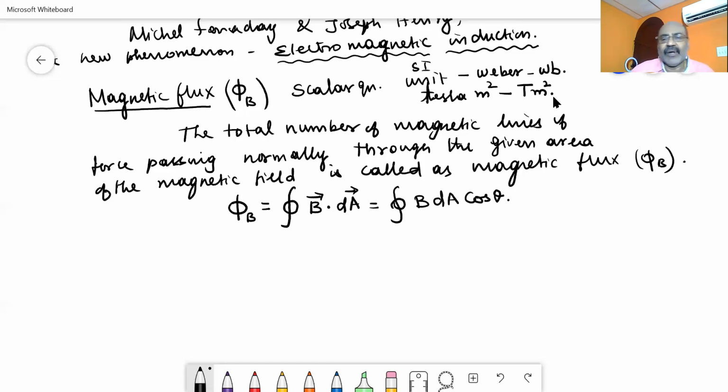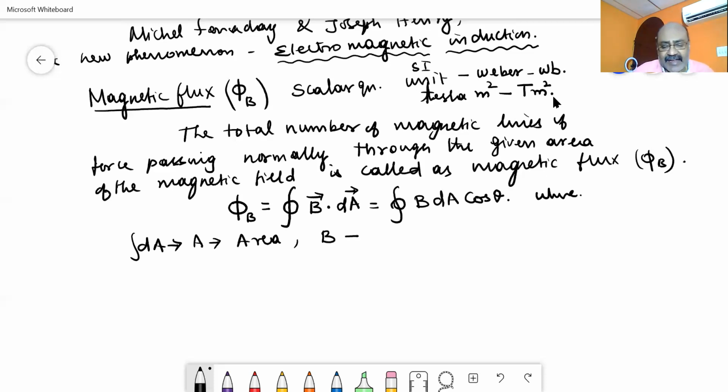When you are integrating dA, you will be getting A, so we can say it is the area enclosed, or the area we have taken inside the magnetic field. What is B?